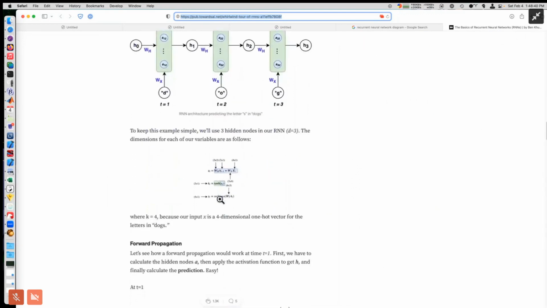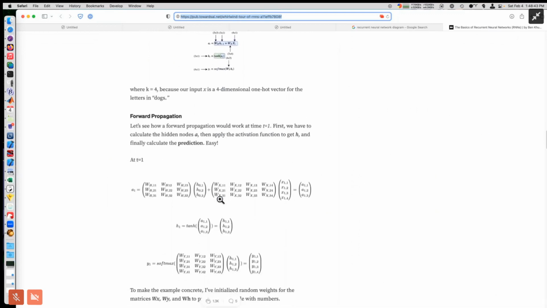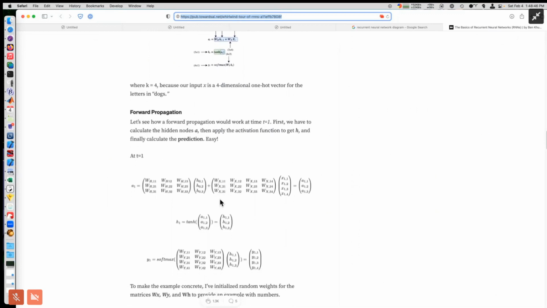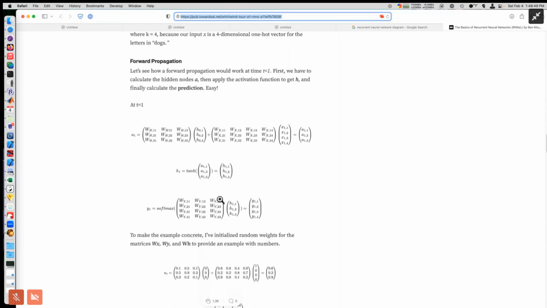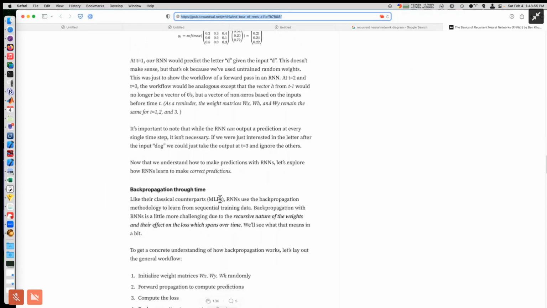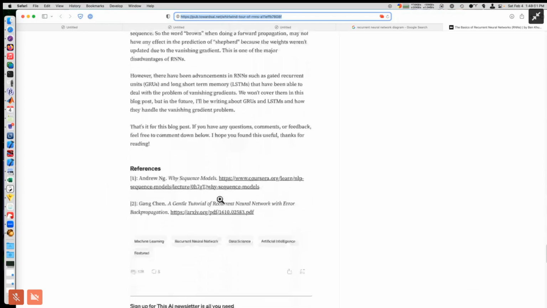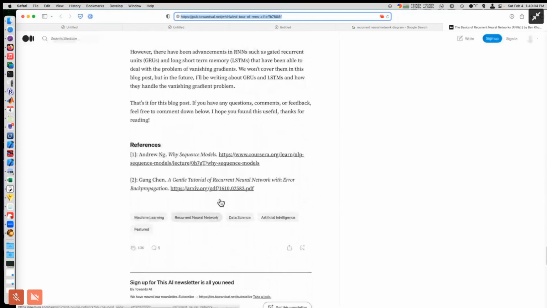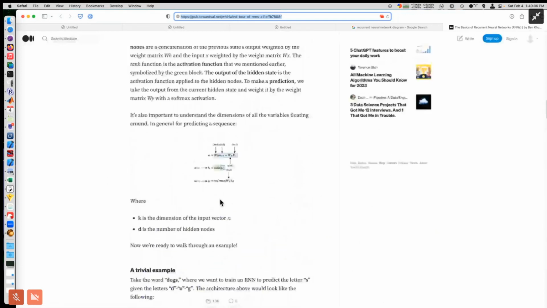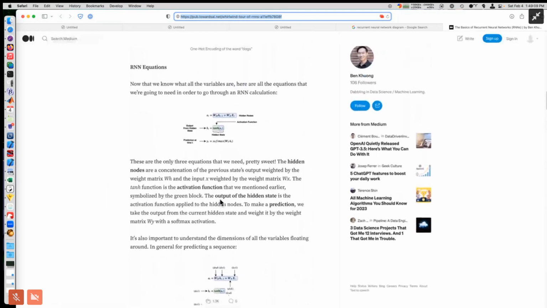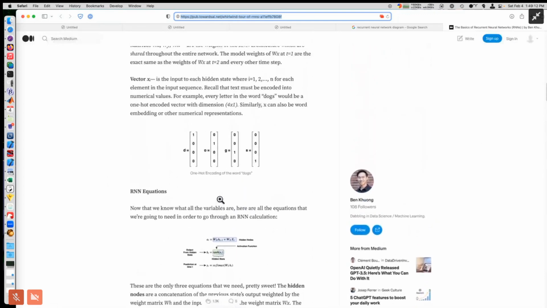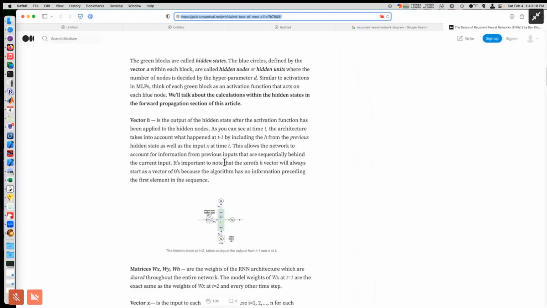Let me just take a look here. I just want to get to the time point, time point 2 here. What I'm looking for is basically, you get an output from the hidden state.